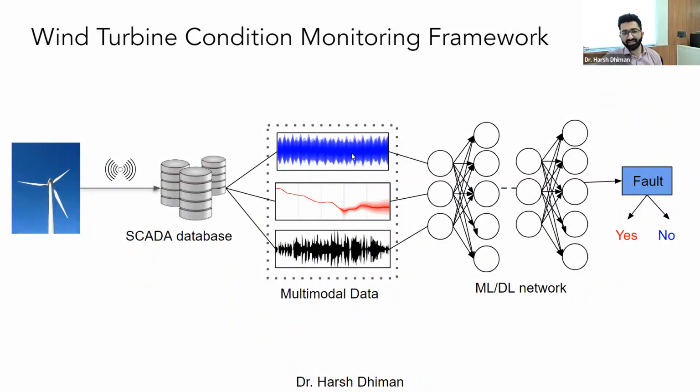If you combine these modalities and feed them to your machine learning or deep learning framework, you can get meaningful information on whether a fault is present or not. If a fault is present, what type of fault it is, right? And why the fault is present, what are the major reasons behind that particular fault.